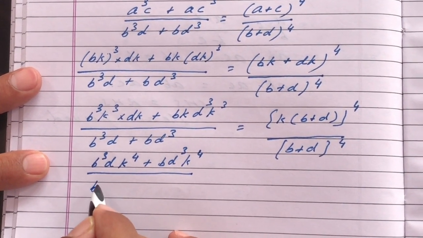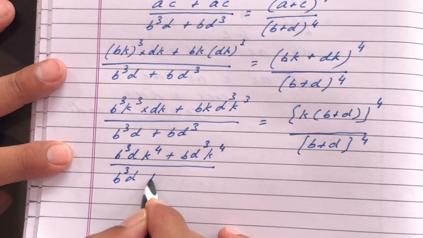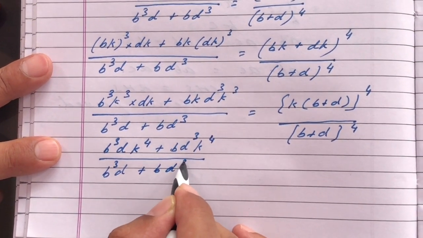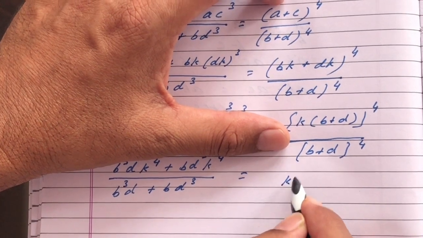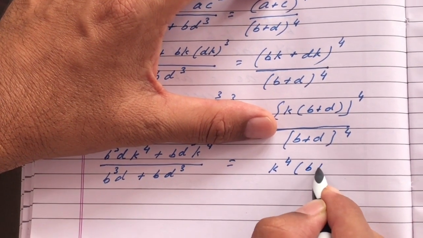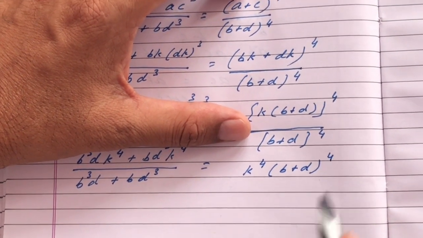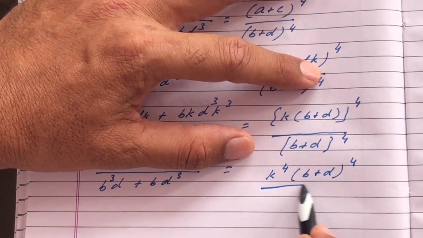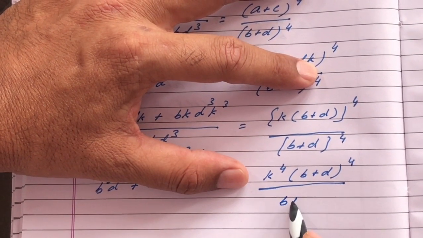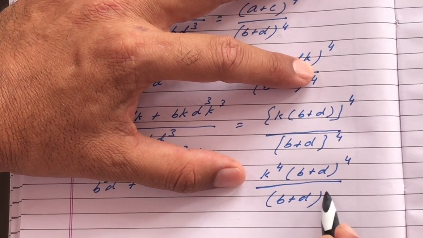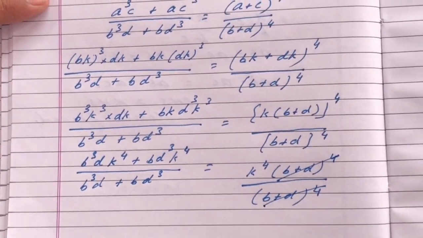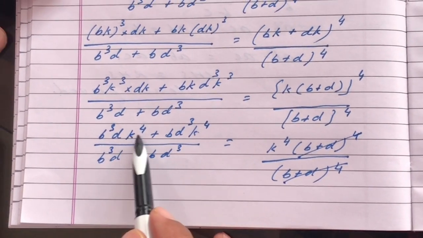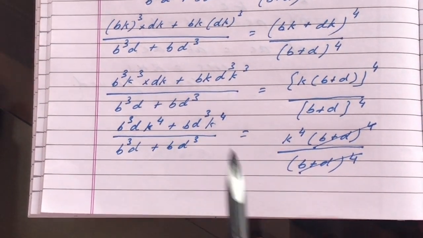Upon B cube D plus BD cube. It is K4 into B plus D raised to power 4 upon B plus D raised to power 4. This B plus D raised to power 4 they cancel out. From here I take K raised to power 4 as common.